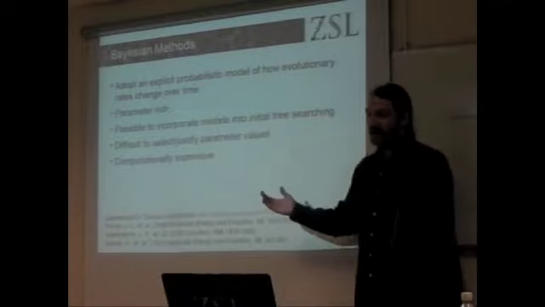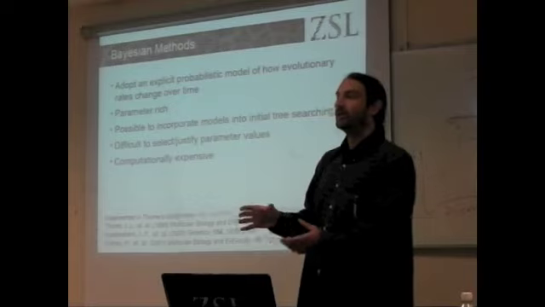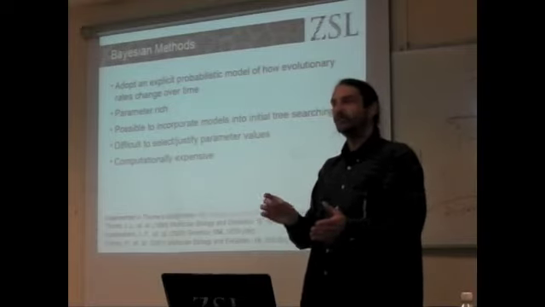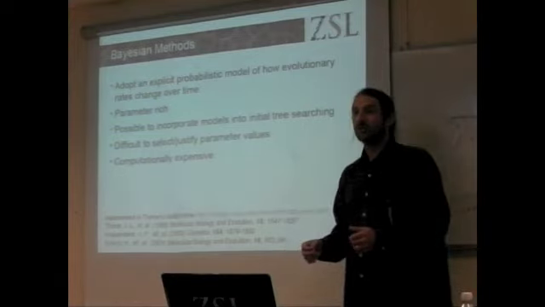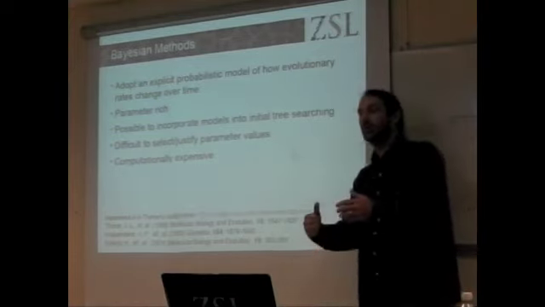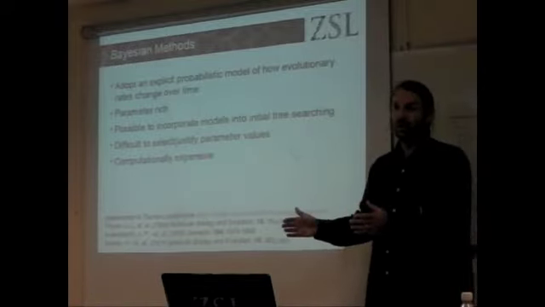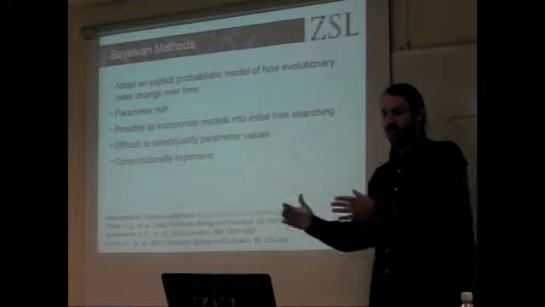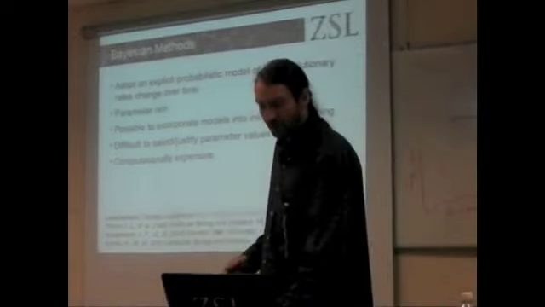It has an advantage in that you're integrating the cost of your rate changes into your phylogenetic reconstruction. So you do one analysis and you get a dated tree, rather than in the past where you just did a phylogeny, you had a tree that doesn't conform to a clock, you had varying branch lengths, and then you had to do something to that tree. But nowadays it's try and do everything at the same time.